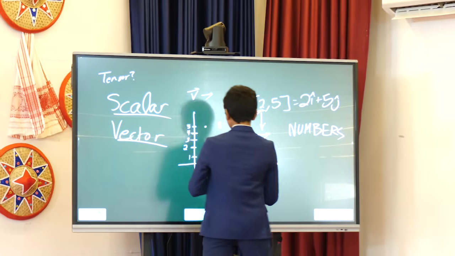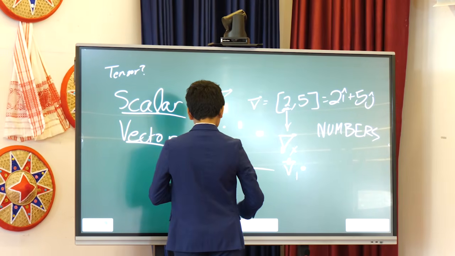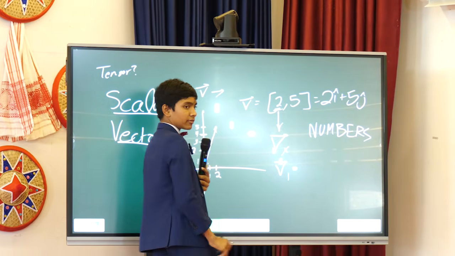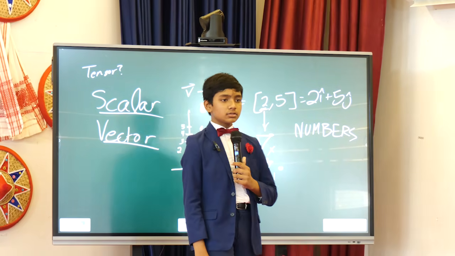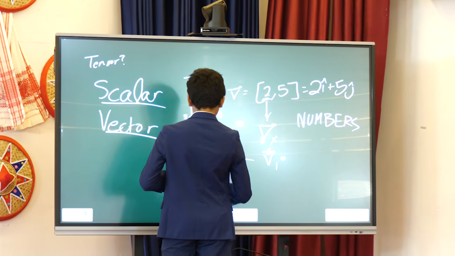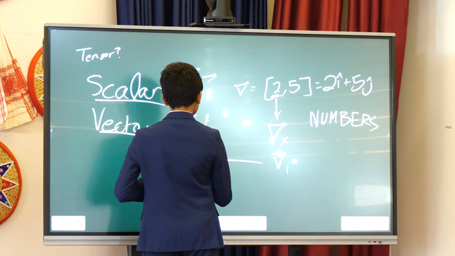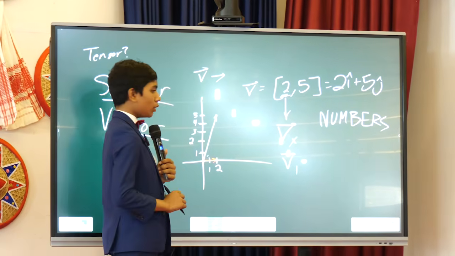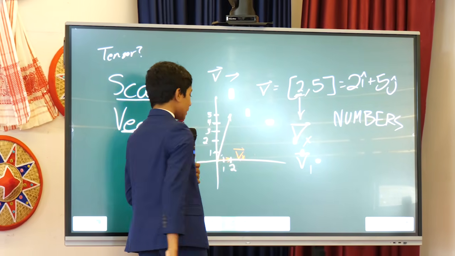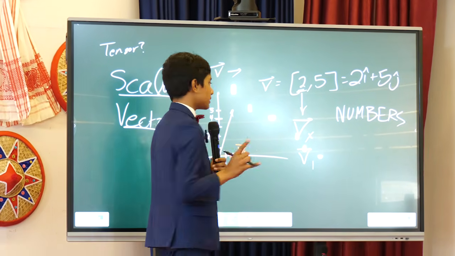So, we have this vector right here, which goes 2 in the x direction and 5 in the y direction, right? So, then, if we want to access the x direction, we just have this component right over here, Vx. And here's what we're going to do, actually.